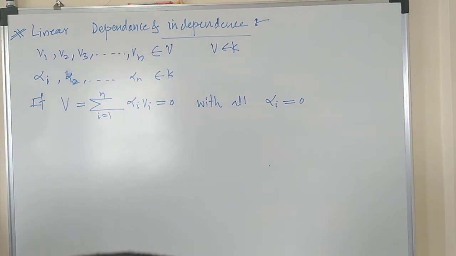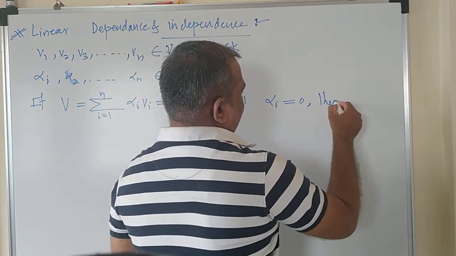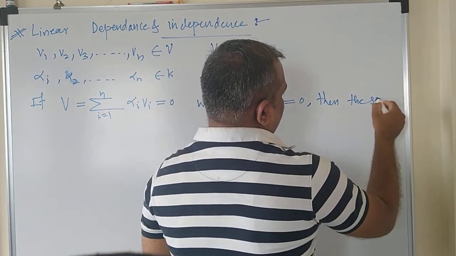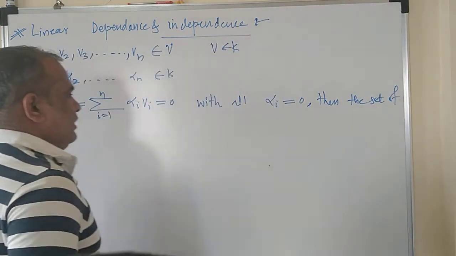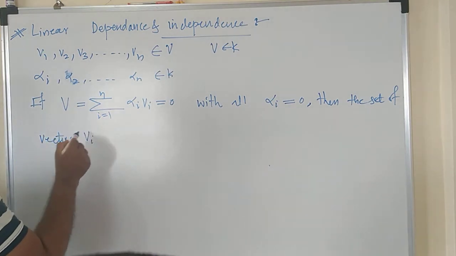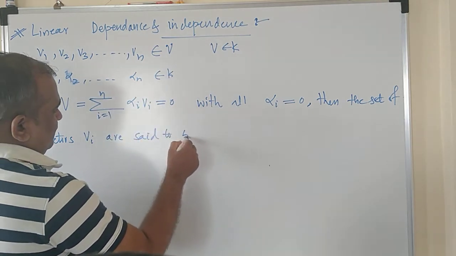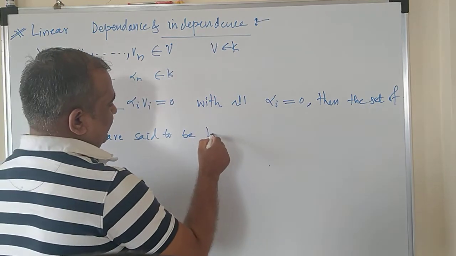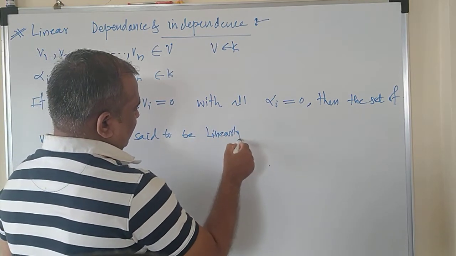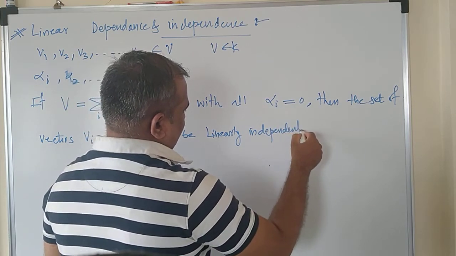Then the given set of vectors v1, v2, v3, vn, the vectors vi, are said to be linearly independent vectors.